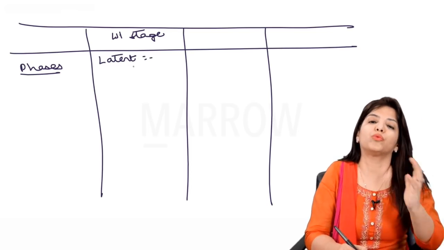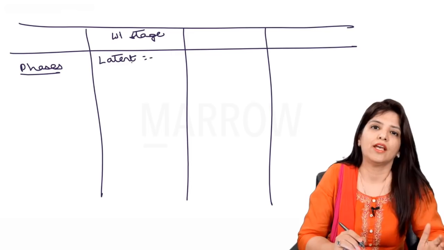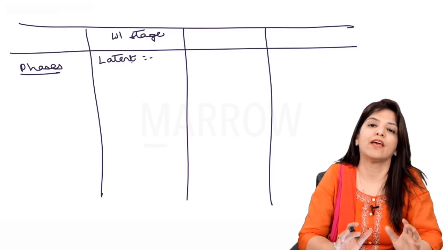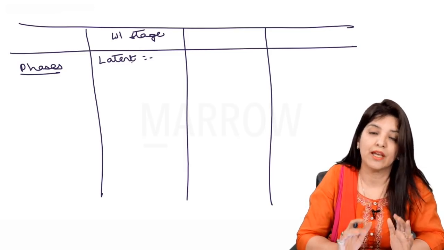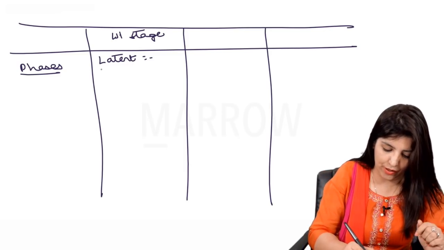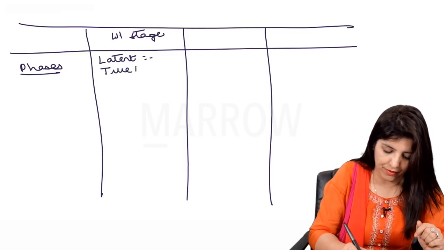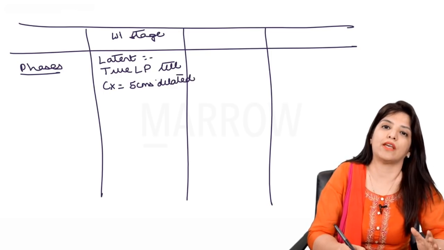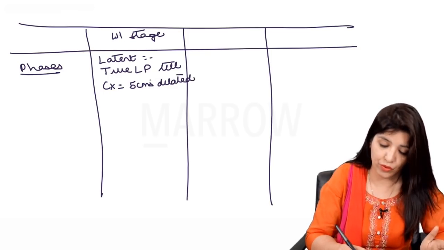Now, it's very important to understand that the definitions for latent phase and for the active phase have changed recently. Latent phase, now it is taken when the true labor pains begin and till the cervix is 5 centimeters dilated. Till that time, we say it is latent phase, right?